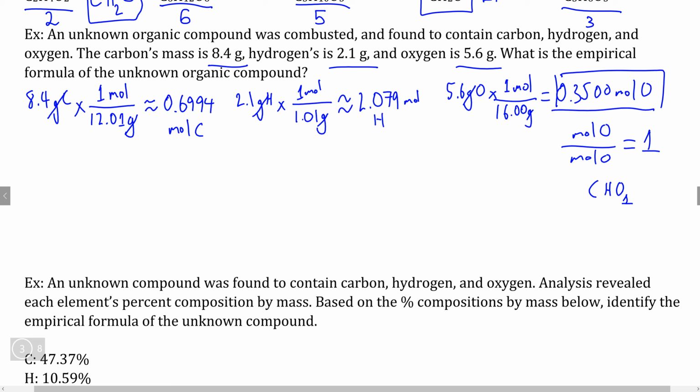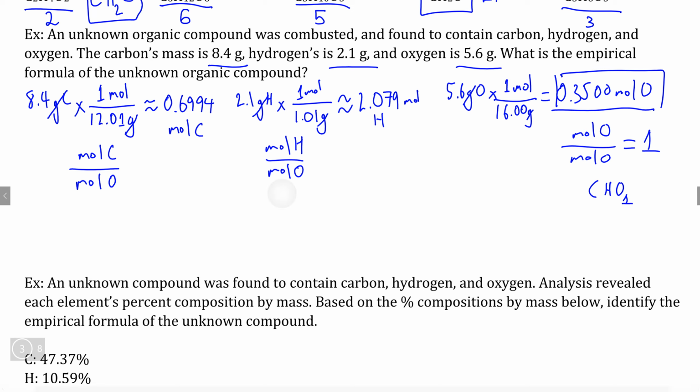And we can figure that out simply by dividing the number of moles of carbon by the number of moles of oxygen and the number of moles of hydrogen by the number of moles of oxygen. And if we do this, the results are fairly interesting.